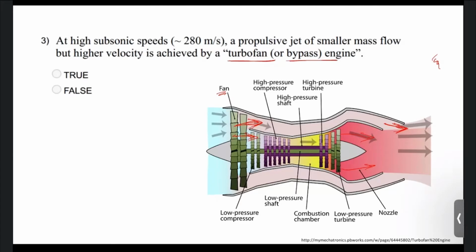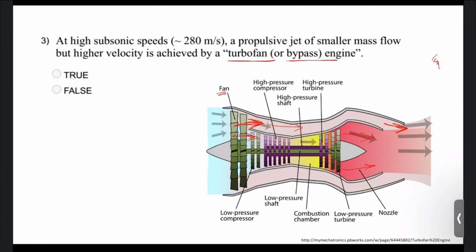And it is called a bypass engine because some fraction of air is bypassed through this duct, and some air goes through the whole engine assembly, including compressors and turbines.